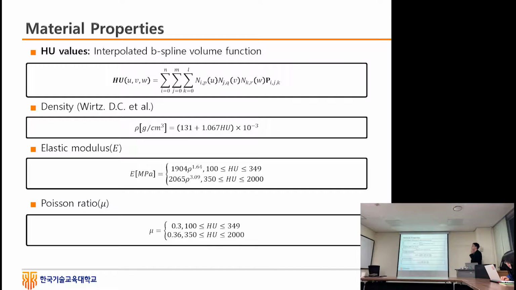And there are also other formulas to convert density into elastic modulus or Poisson ratio. So using these formulas, I could derive the material properties from the HU value.